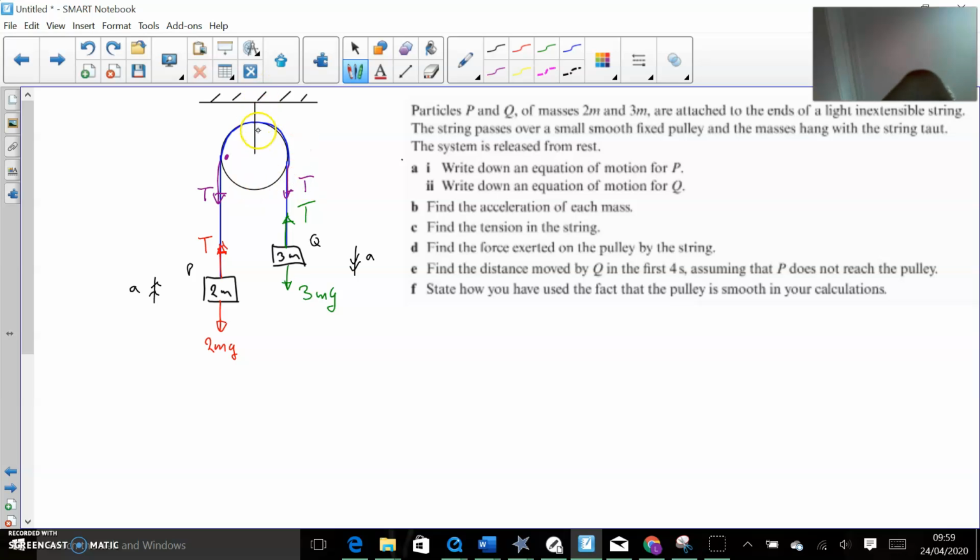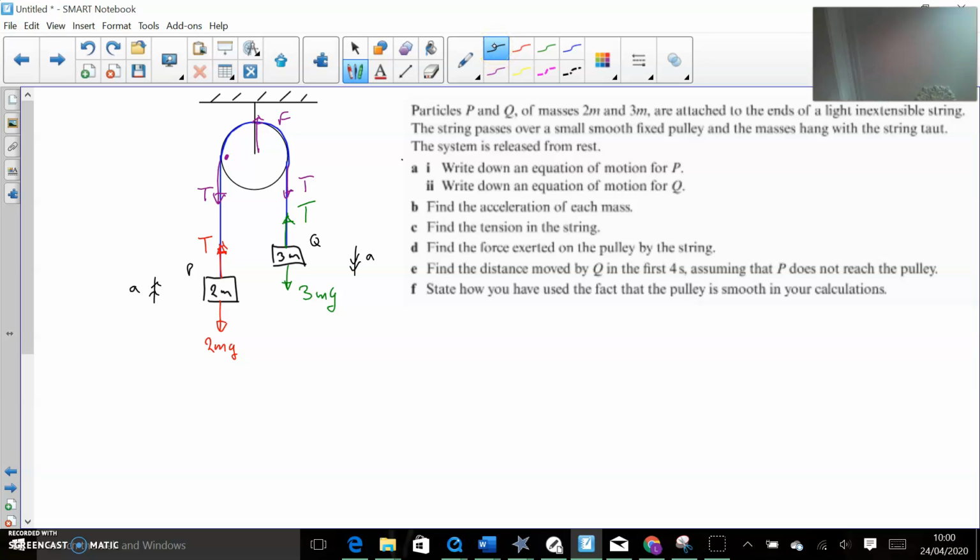It's also being held up here by a force where it's attached to the ceiling. So some other force there, call that F. The purple forces are the forces acting on the pulley. So each component of this system has its own forces.